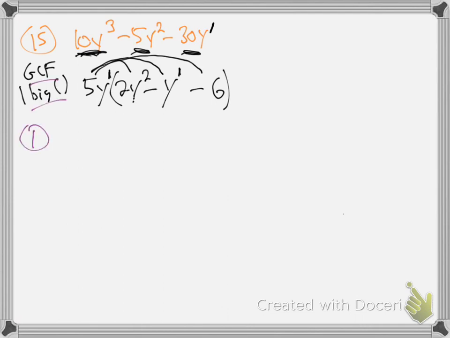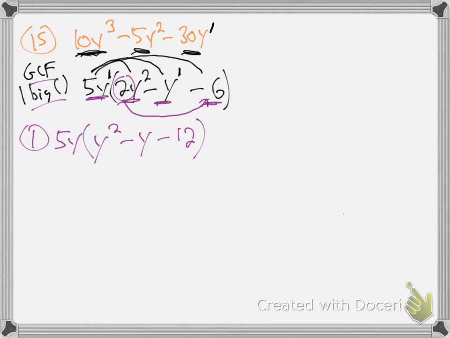Now we go into the step where we do the front times the back. Whoop, I'm sorry, that's not the front, is it? That 5y is just out in front. We're not going to do anything with that. The front is the 2 now. 2 times minus 6. So we get y squared minus y minus 12. So the front means the front for the 3 inner terms.